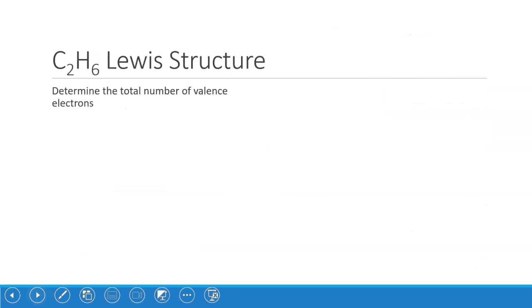Now the next example, C2H6, here we're going to deal with multiple central atoms. So the first step, as always, is to determine the total number of valence electrons, where carbon has 4 valence electrons, which we saw from the last example, and hydrogen, remember, it's in the first group, so it has 1 valence electron.